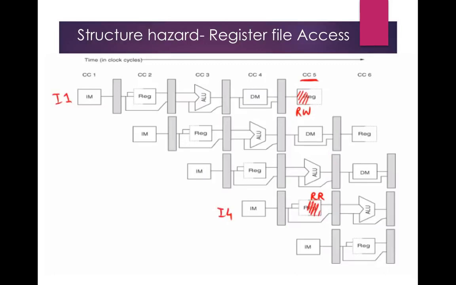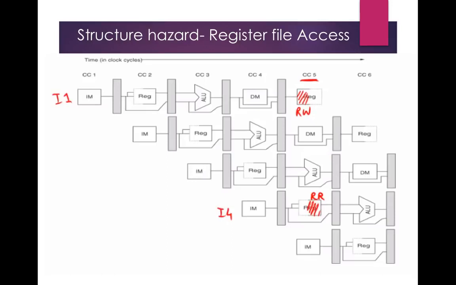Read and write happen in the same clock cycle, but there is no conflict. During clock cycle 5, when you see instruction 1, the register write takes place at the separate part, that is the first part as mentioned in the diagram. And for instruction 4, I4, the second part, that is the register read, takes place, while the first part only does the decode.